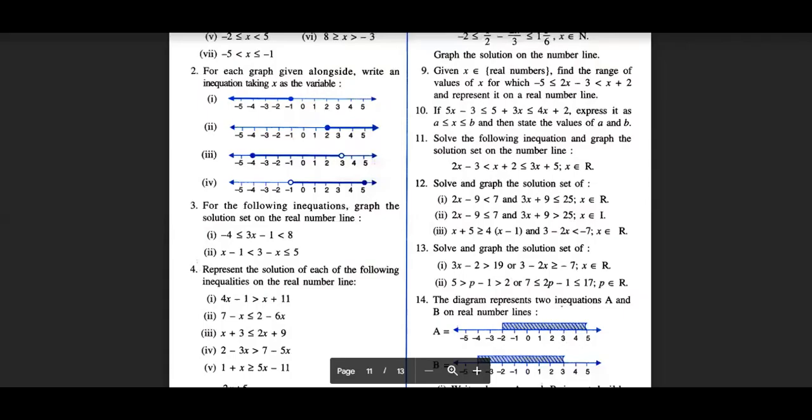So if you open exercise 4B of Concise, we have done question 1. Now let us proceed with the next question, question 2, and you see how we do these questions. I hope you are able to see question number 2 from Concise Mathematics, exercise 4B.